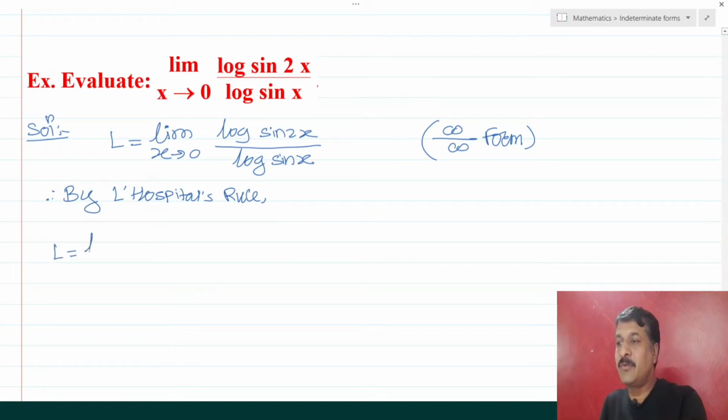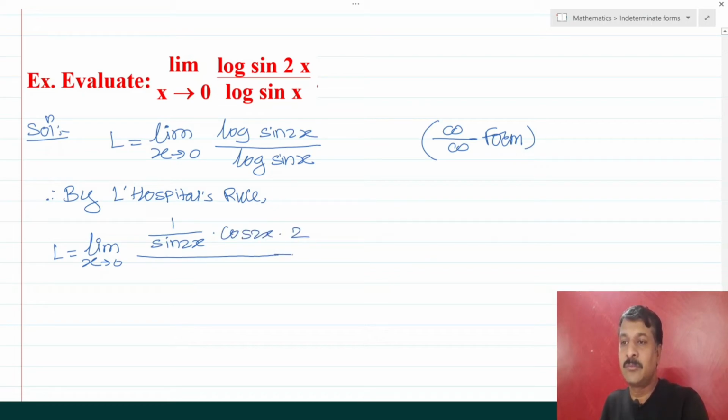So what is that? L equals limit. What is L'Hospital's rule? Take the derivative of numerator and denominator separately. So what is the derivative of log of sin 2x? It is 1 upon sin 2x into cos 2x into 2, upon the derivative of log of sin x, which is 1 upon sin x into cos x, and that is equal to limit x tends to 0.